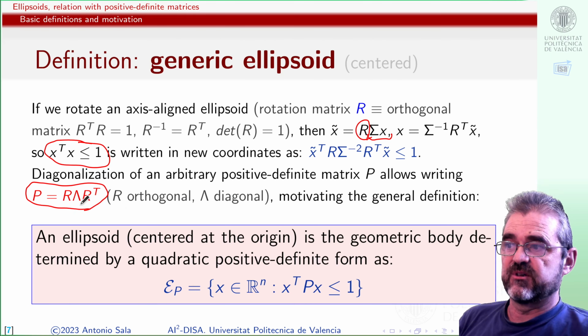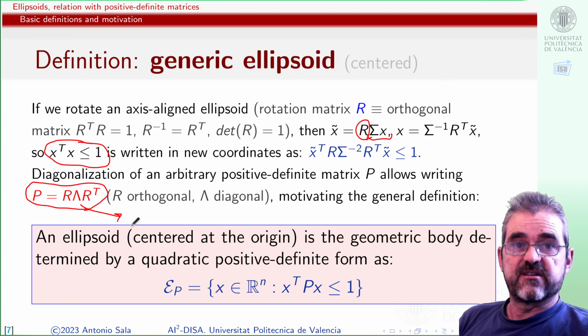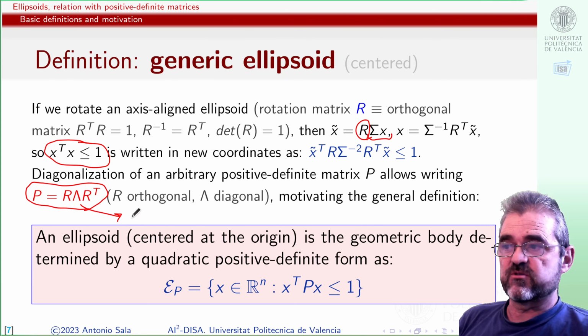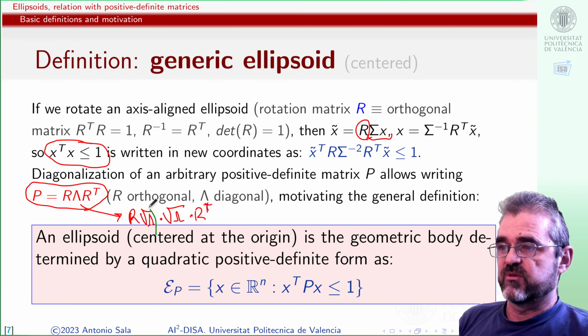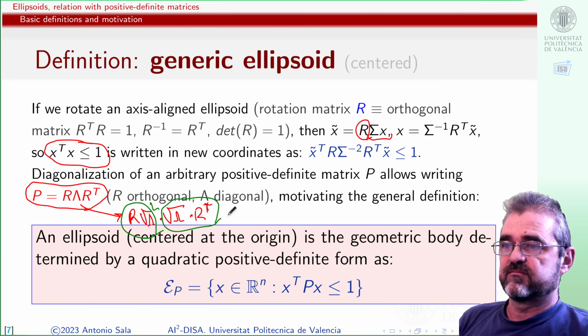So, in order to have it written as one matrix times its transpose, it will be R square root of the diagonal, R transposed. So this will be L and this will be L transposed.